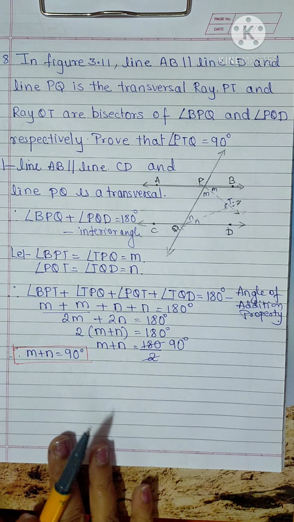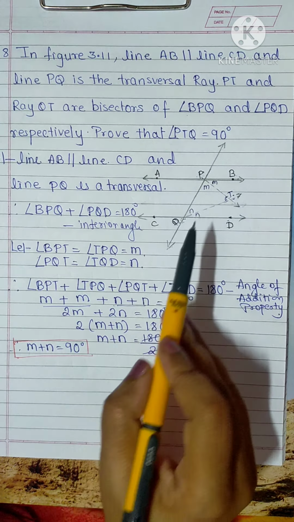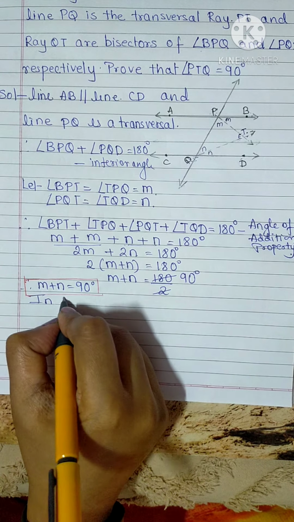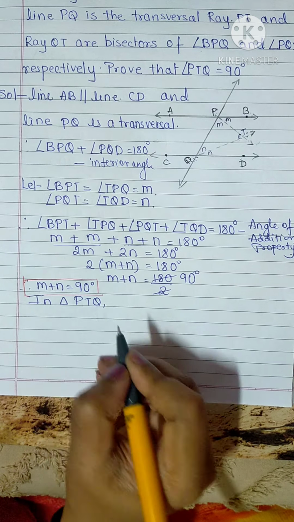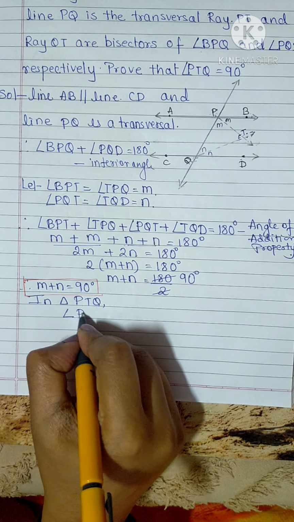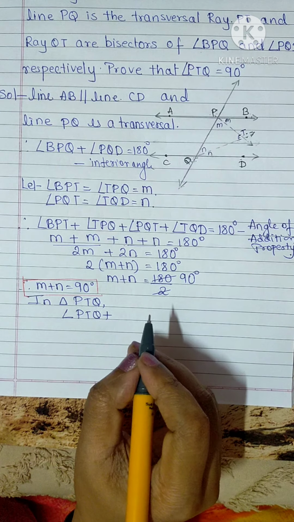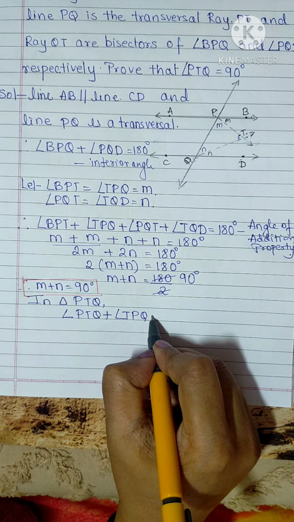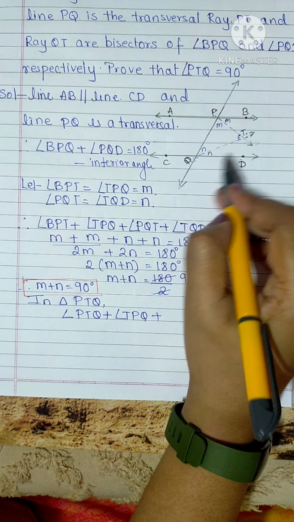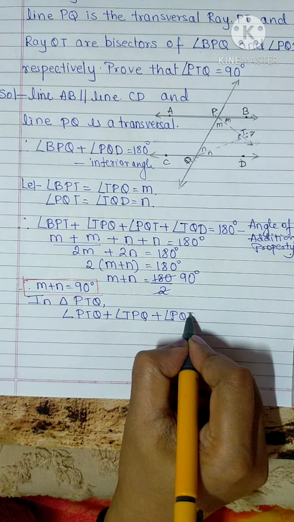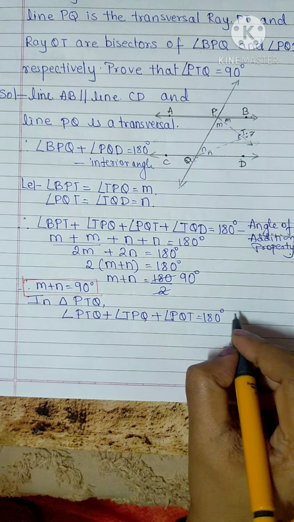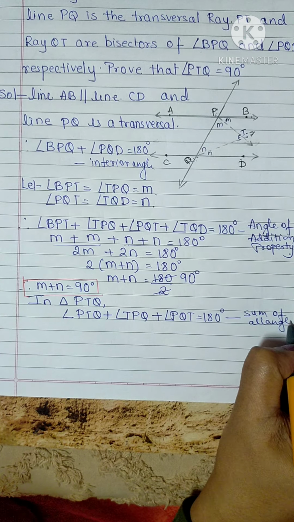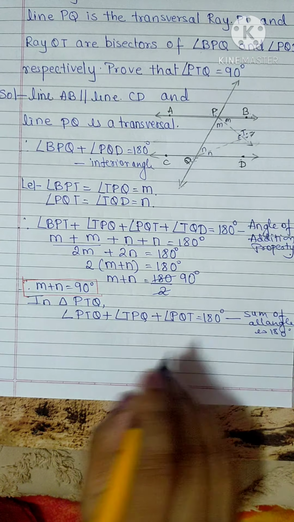So now we are moving to triangle PTQ. Now in triangle PTQ, angle PTQ plus TPQ plus PQT equal to 180 degrees. Same reason, sum of angles is 180 degrees.